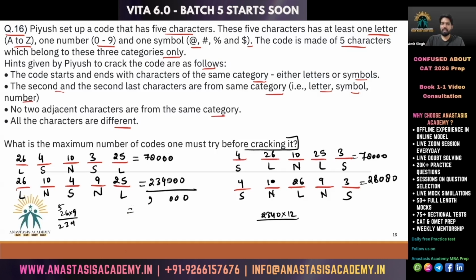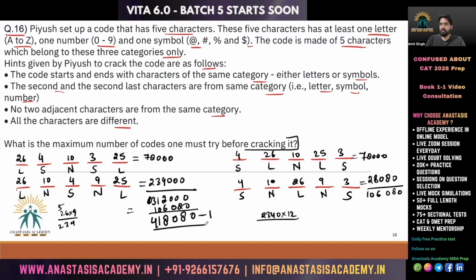Adding them up: 8 and 4, 12. 7 and 1, 8. 8 and 3 is 11. So 312,000 plus 106,080 gives 418,080 total codes.